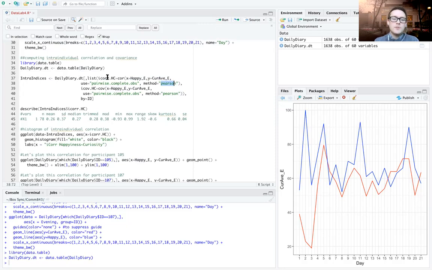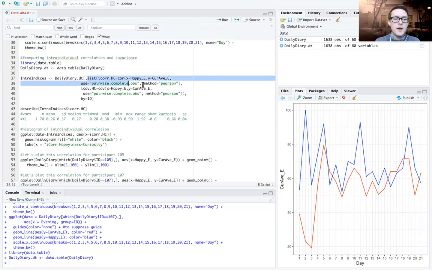And the reason it's an intra-individual correlation is because we're computing a correlation for each individual separately, right? So the correlation is going to tell us about the strength of the association and the direction of the association between these two variables that are changing from day to day. And we're going to get a measure for each individual when we do this.